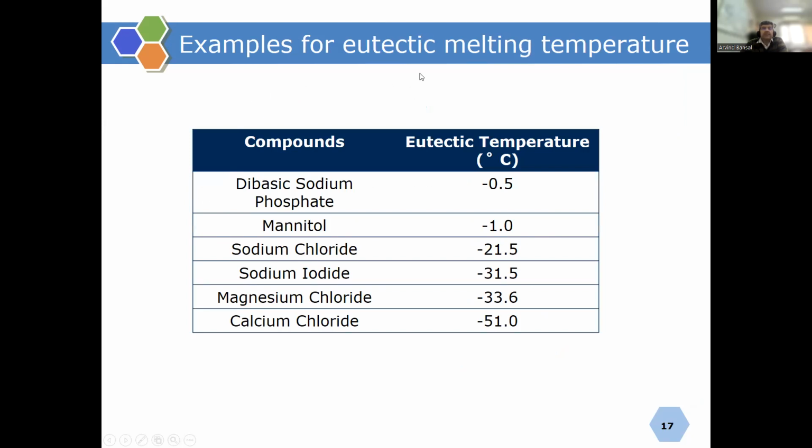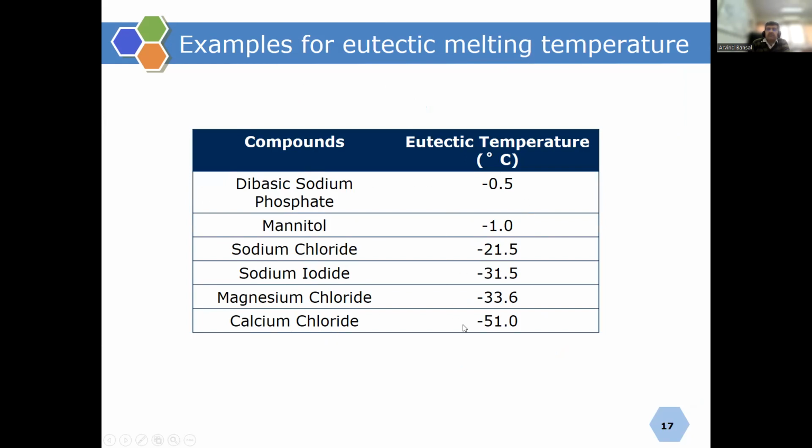Examples of materials that show eutectic melting temperature and phase separation in the crystalline form include dibasic sodium phosphate, mannitol, sodium chloride, sodium iodide, magnesium chloride, and calcium chloride.